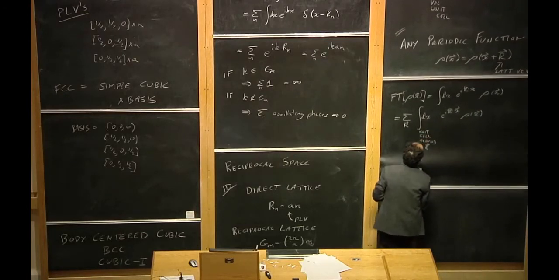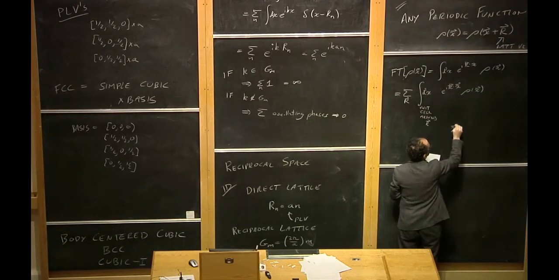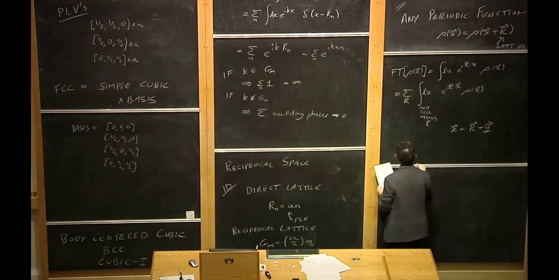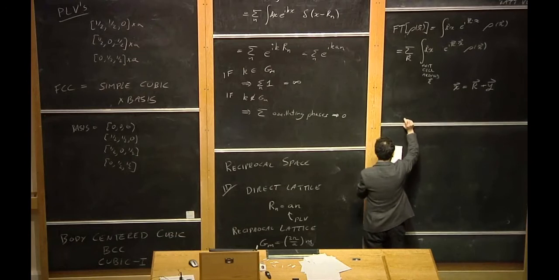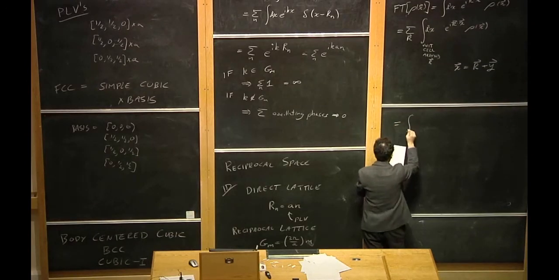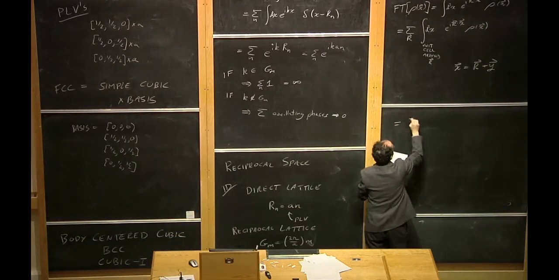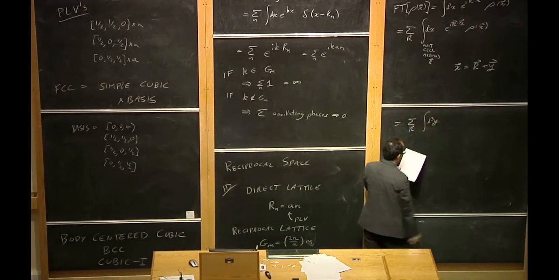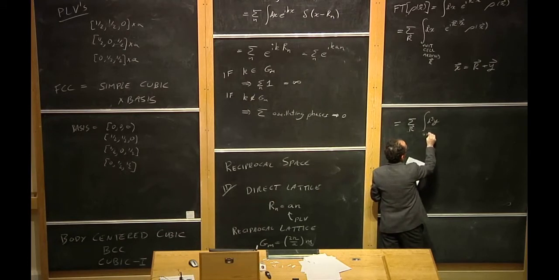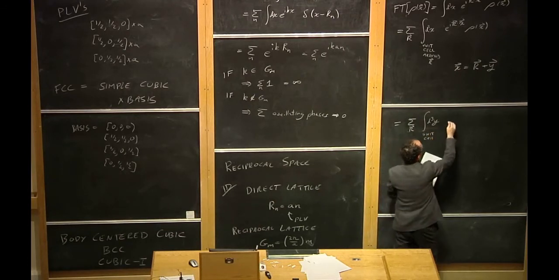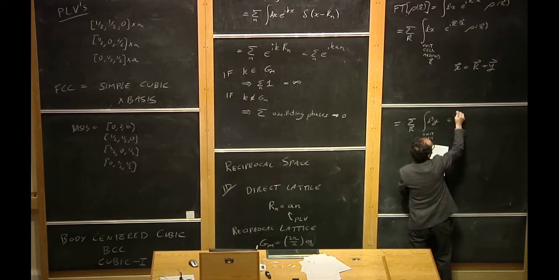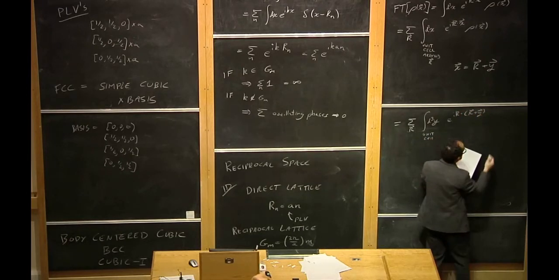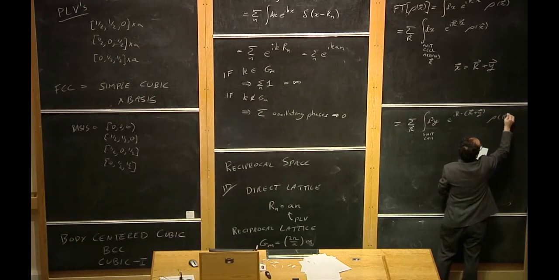Then what we'll do is define a parameter y, x equals r plus y. We'll rewrite that integral as the sum over r of the integral d3y over the unit cell of e to the i k dot (r plus y), and then rho of r plus y.